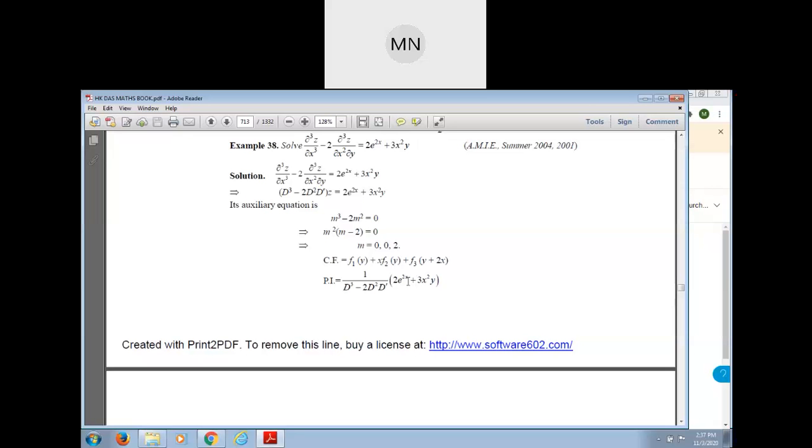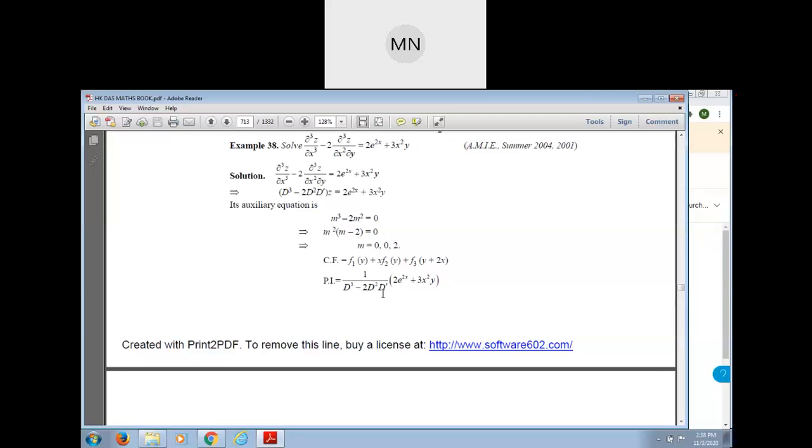Here a is 2 and b is 0. For the exponential function, you can directly put the values of a and b. So d becomes 2, giving 2 cube, and d dash is b, so it will be 0. Is it clear? Yes, ma'am.